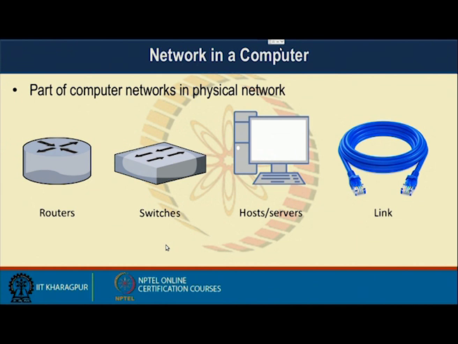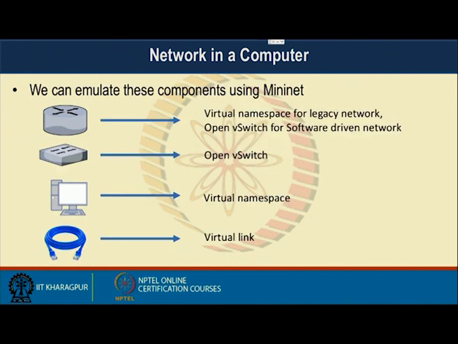Okay. Now, here are the different components of computer networks in a physical network. So, you have the routers, you have the switches, you have different hosts and the servers, and you have the links. Now, in a virtual domain or an emulated domain, whenever we are emulating it using this Mininet platform, we call Mininet a network inside a computer, an emulated network inside a computer.